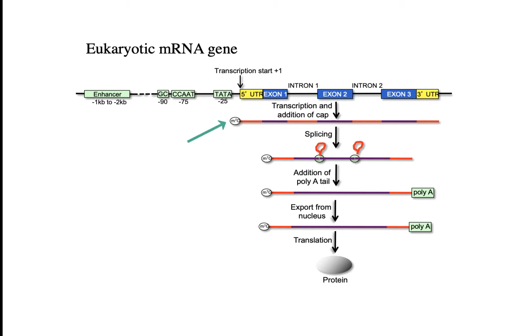A cap is added, the 7-methylguanosine in the 5' to 5' orientation. Splicing then occurs, a poly A tail is added, and then that mRNA is finally exported from the nucleus. And only after it's been exported from the nucleus can it be translated into a protein and either wind up within the endoplasmic reticulum or in the cytosol.